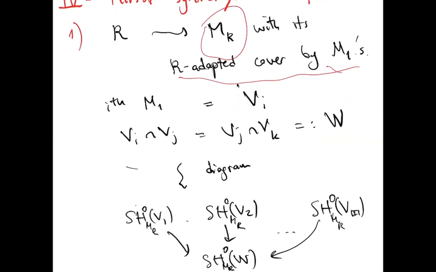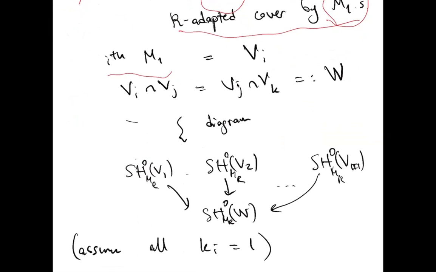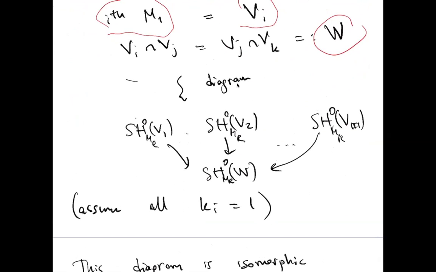So I take this cover by M1s, and let's call the image of the ith M1 Vi and their intersection, which is the image of M0, W. So I obtain V1, V2, etc., and all of them contain W, and I apply my SH0 MR functor to this. So I obtain a diagram of algebras. Now these maps are restriction maps.